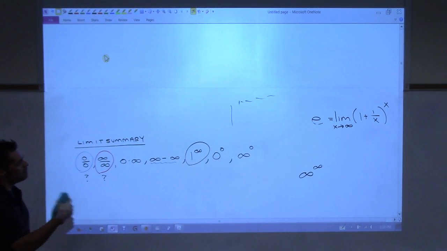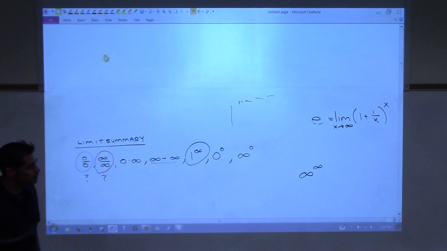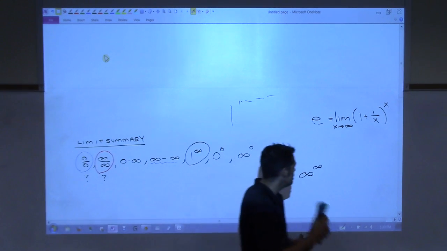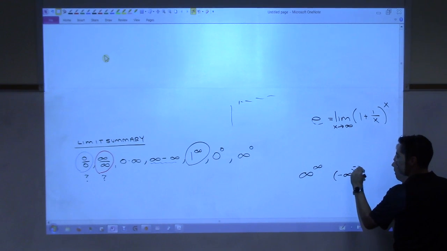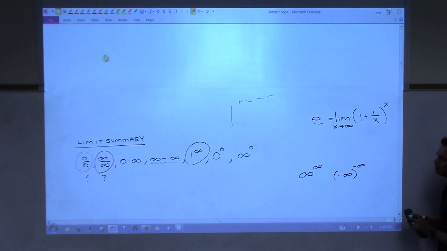Can someone give me another example of one that would not be bad? Say again? Negative infinity to the negative infinity. Yeah, that wouldn't be bad. What would that go to though? What's that? 0.